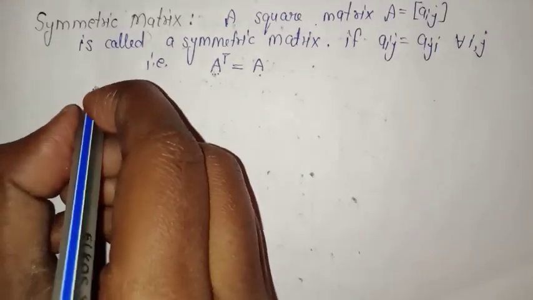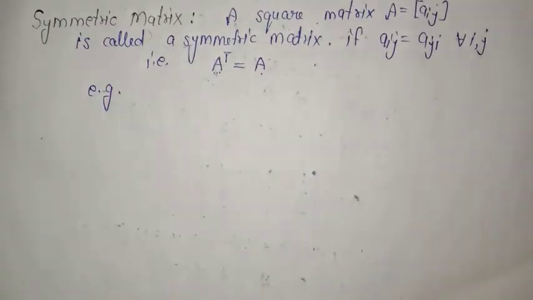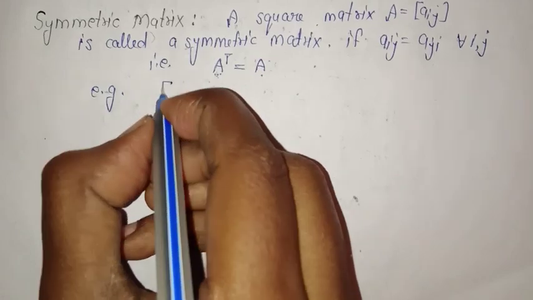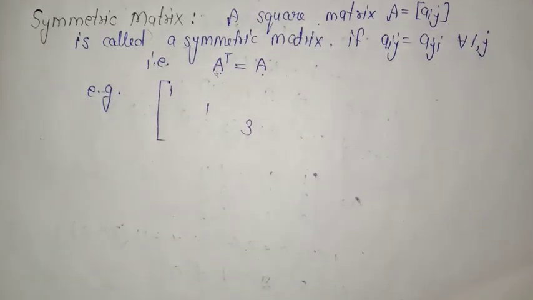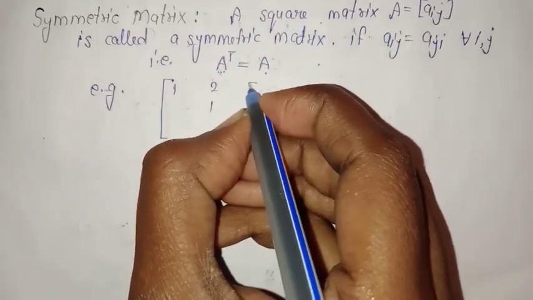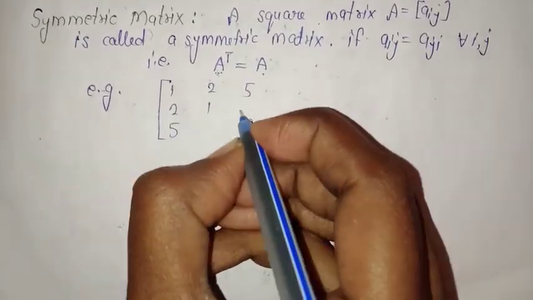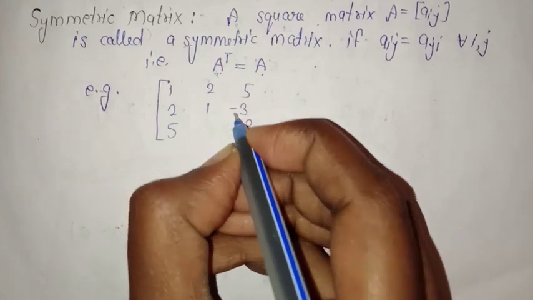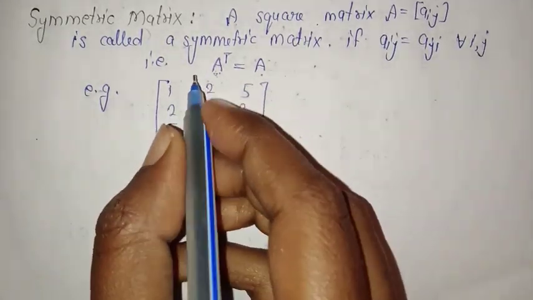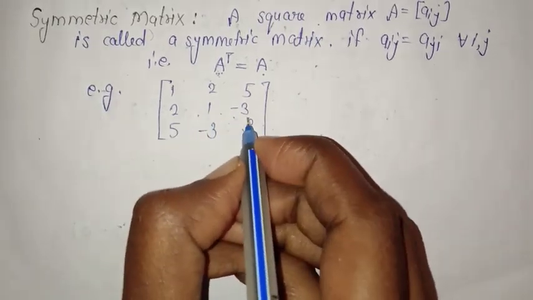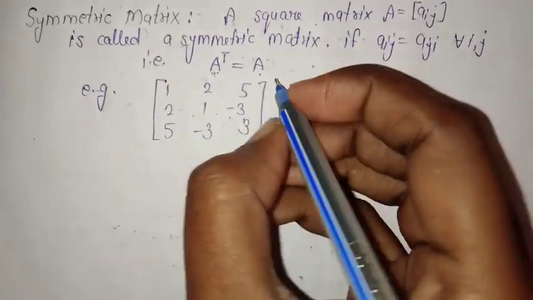For example, if we take a matrix [1 2 5; 2 1 -3; 5 -3 3], this kind of matrix is symmetric. In order to check whether it is symmetric or not, we have to interchange the rows and columns.